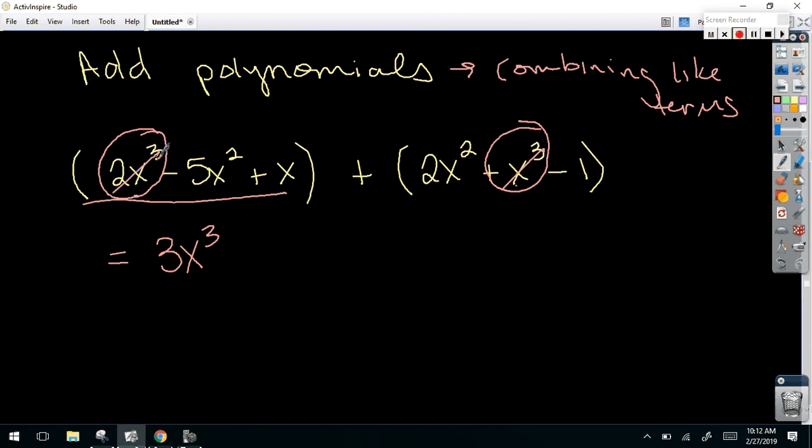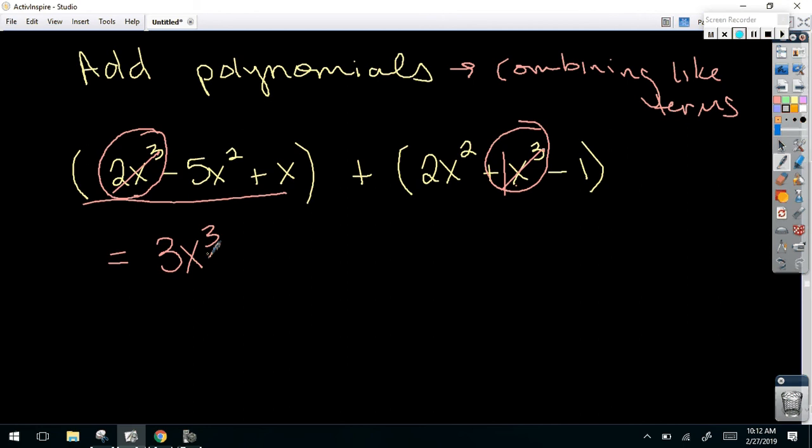I am done with those, so I'm going to mark them out so that I don't confuse myself. There's an imaginary 1. You leave it alone. Only the coefficients.